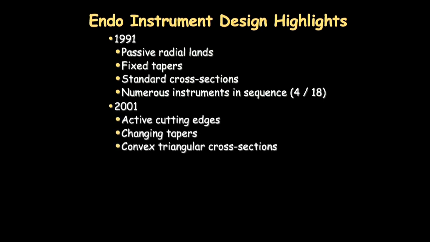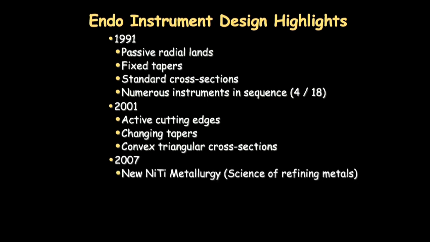In 2001, you can see that there are 3 additions with a ProTaper actually. And the big distinction here was active cutting edges. We wanted more flexibility, more capacity to cut. 2007, huge transformation, changed the status and culture of endodontics with the science of metallurgy.